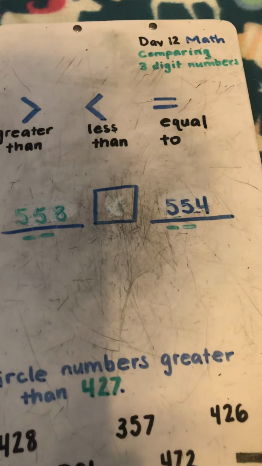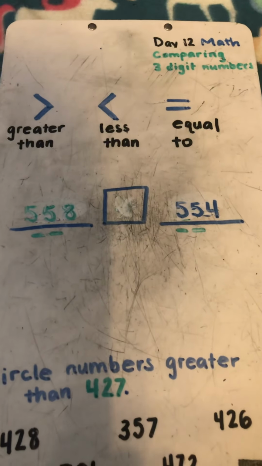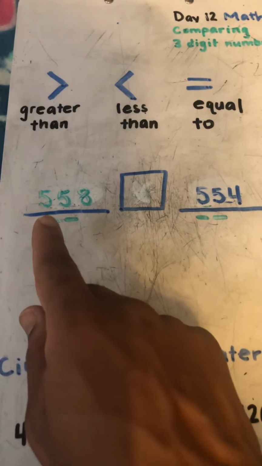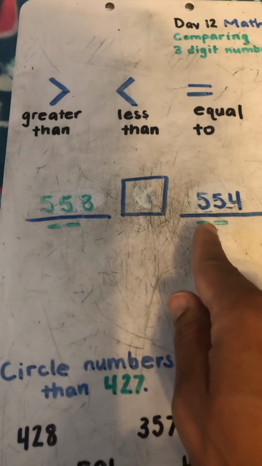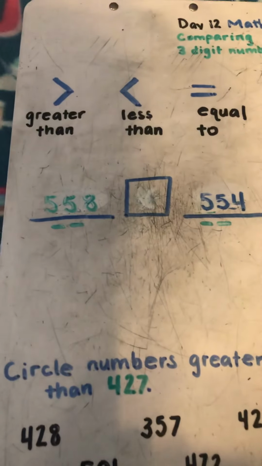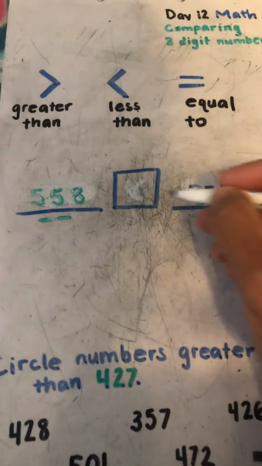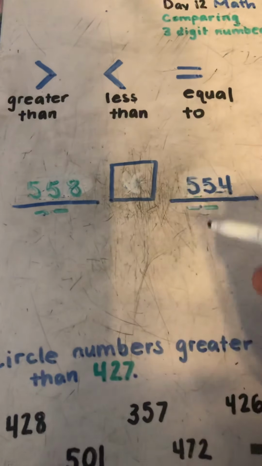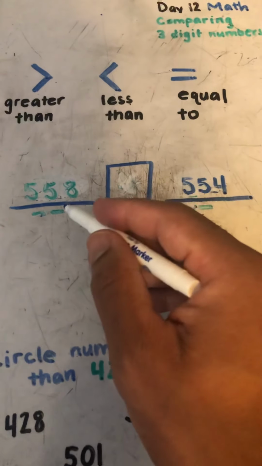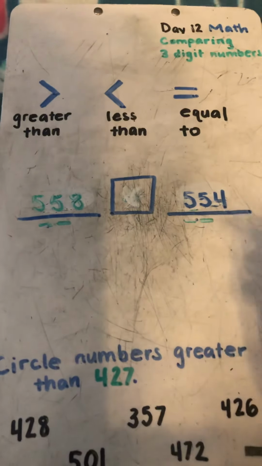Okay? So again, I start with my biggest values, my hundreds. In both of the numbers, my hundreds are the same. I have 5 hundreds here. I've got 5 hundreds here. I look at both numbers. I have 5 tens. I have 5 tens.